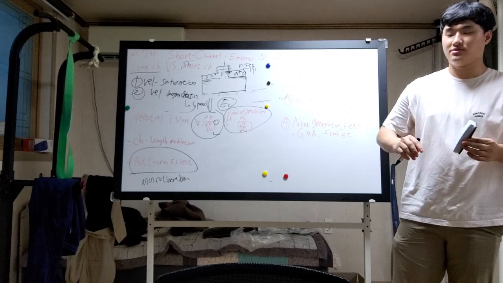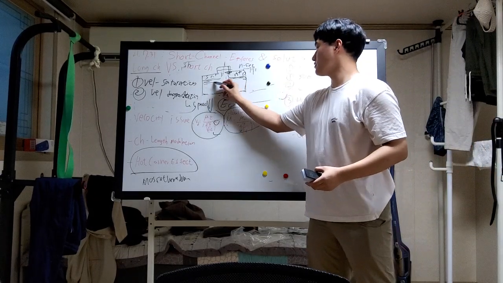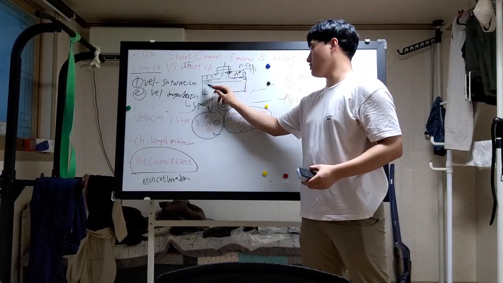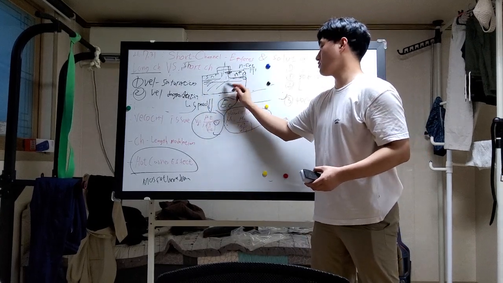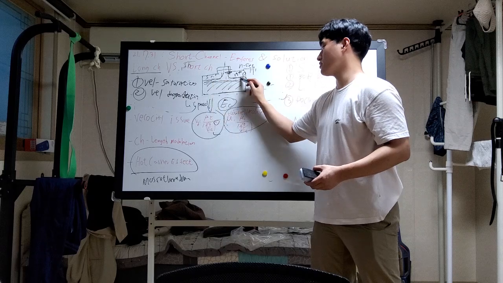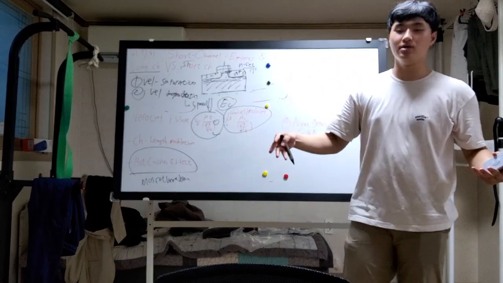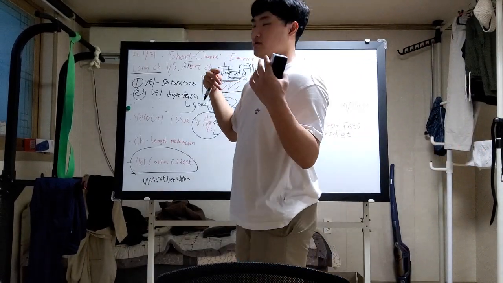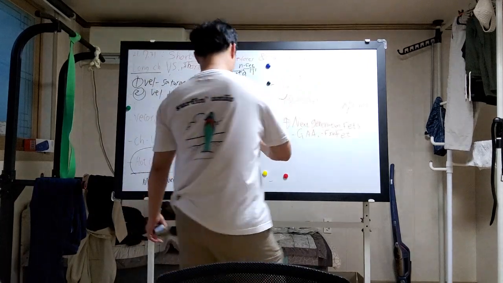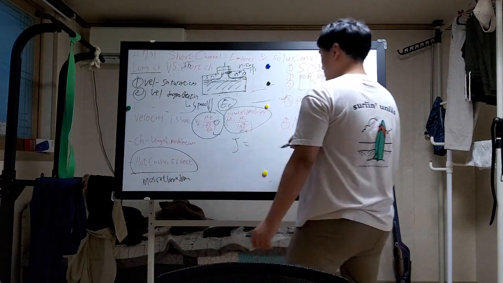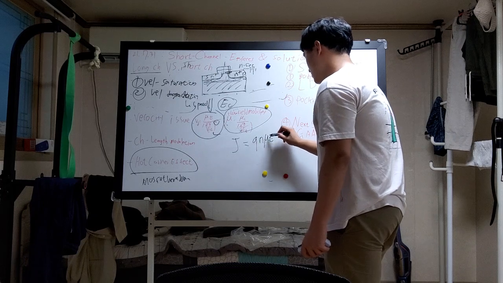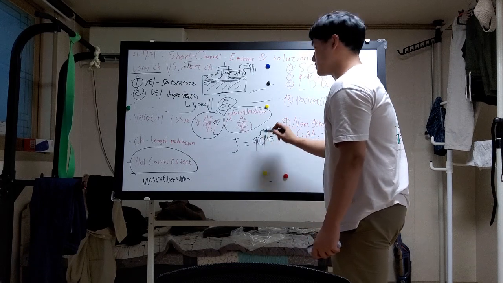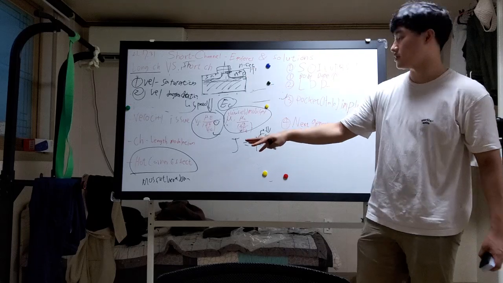So simply, for the previous case, we use the total cell body, and in this case, we use only this part. So less carrier, and in this case the carrier number will be more down, and the current will be down.